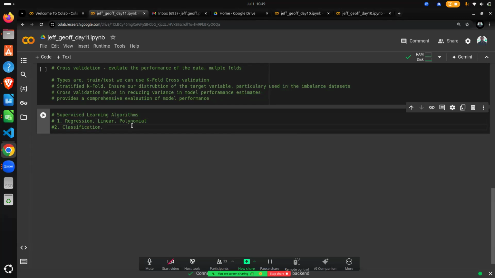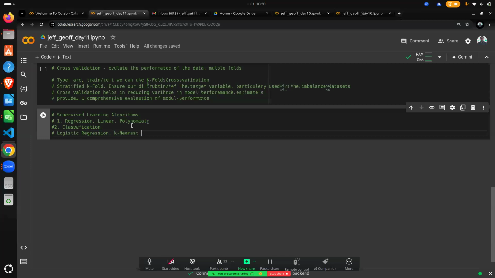Classification algorithms can be, one, logistic regression. Then we have KNN, which is the K nearest neighbor.